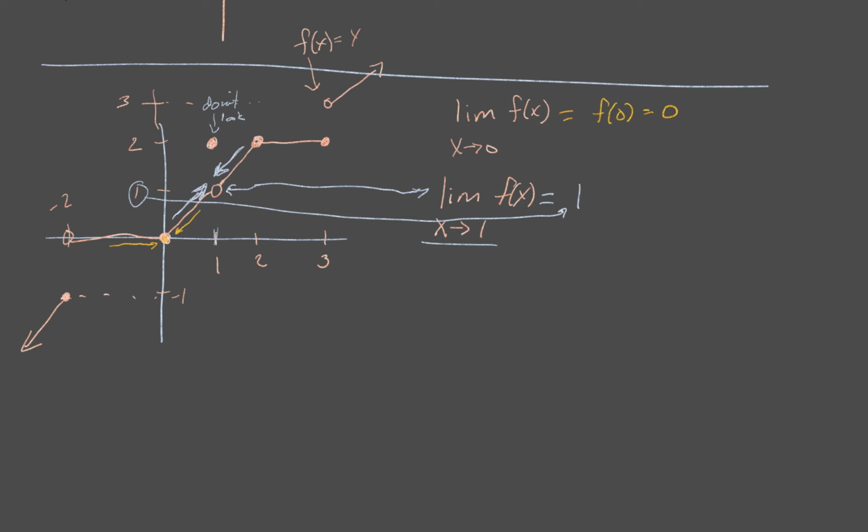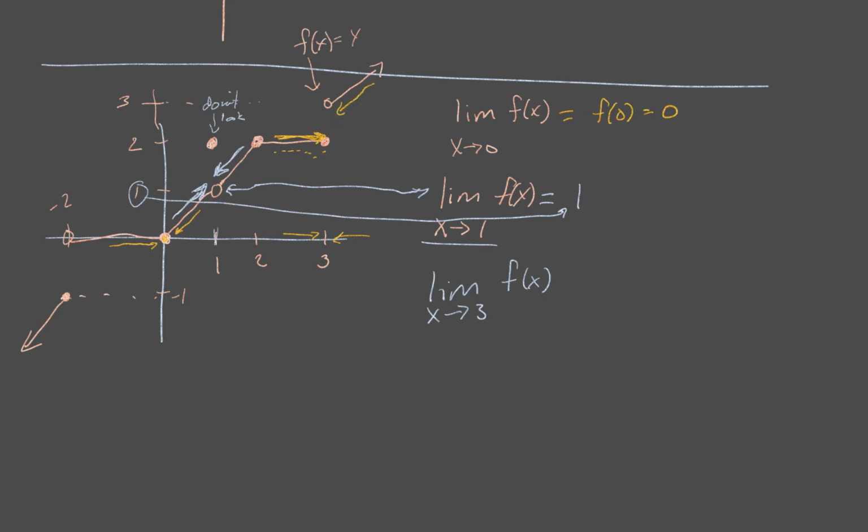Let's look at, say, the limit as x approaches 3 of f of x. So we're going to focus in on 3 now. As I get close to 3, what does the graph do? The graph goes this way. If I'm coming in from the left, it looks like the function value wants to be a 2. It's 2's all along here. So as I get close to 3 from the left, I would want to be at a 2.